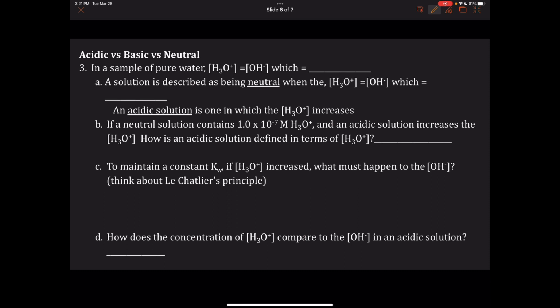So in a sample of pure water, the hydronium equals the hydroxide, which equals 1.0 times 10 to the negative 7th molar. A solution is described as being neutral when the hydronium equals the hydroxide, which again equals 1.0 times 10 to the negative 7th molar.